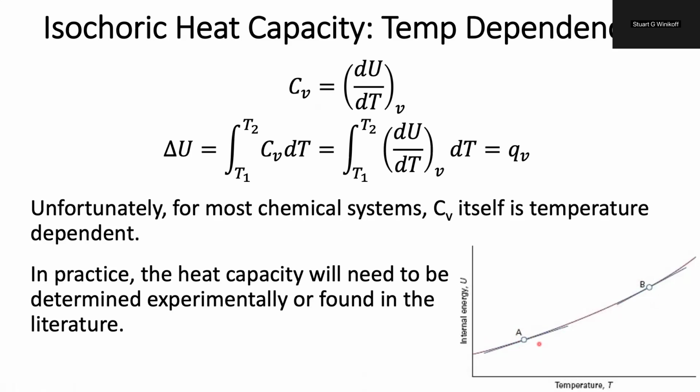Now here we can take advantage that this heat capacity does change relatively slowly. So we often consider the heat capacity fixed for about 100 degrees. If you're doing higher precision measurements, you might need to find a more complete expression. But generally, if you find a heat capacity for 25 degrees Celsius, that will work generally in the 0 to 100 range, but don't try and use it for 200 degrees C.